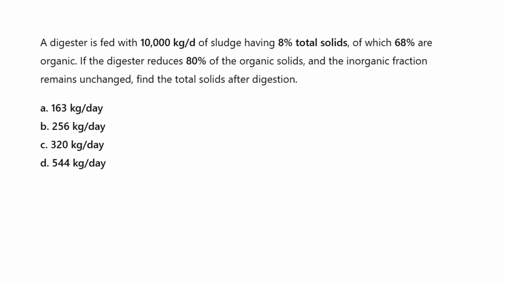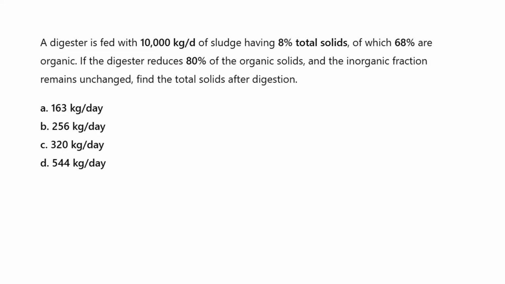This is the total sludge received by the digester, and in this sludge you have solids that are 8% given. If solids are 8% in the sludge, then the water content in the sludge will be 92%.